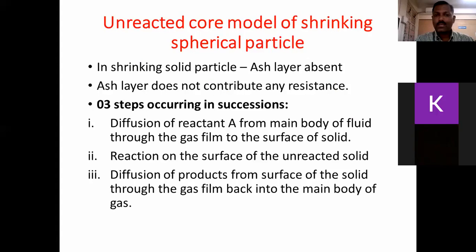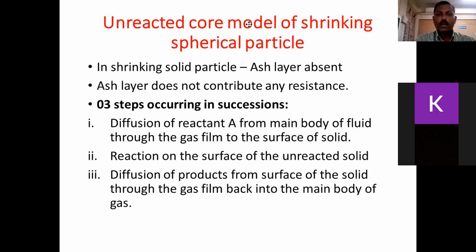These three important steps are there. Then whatever gaseous product is formed diffuses through the ash layer and the gas film into the bulk phase. So there are a total of 5 steps, but the important ones are the 3 steps. These offer the resistance to the reaction.